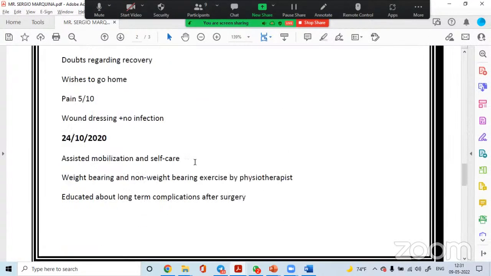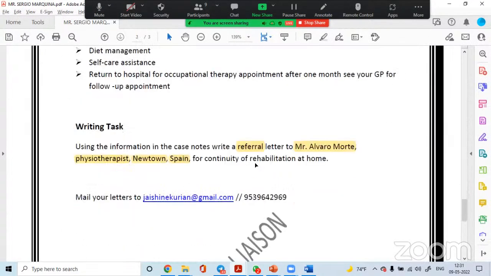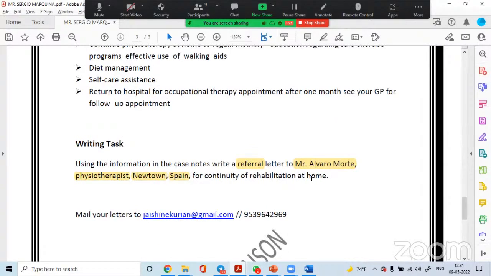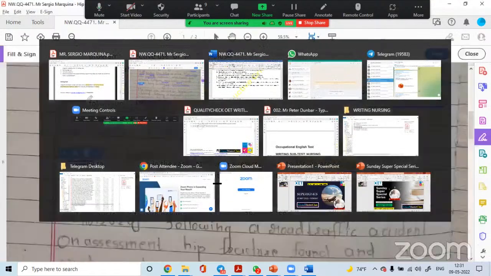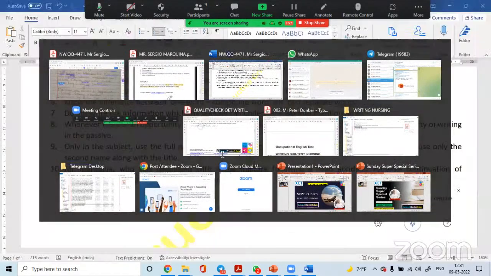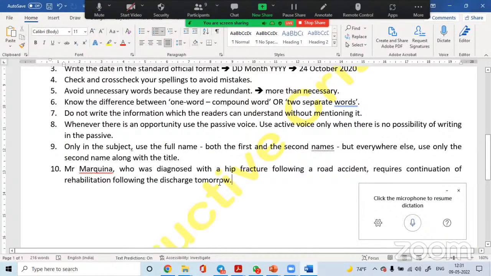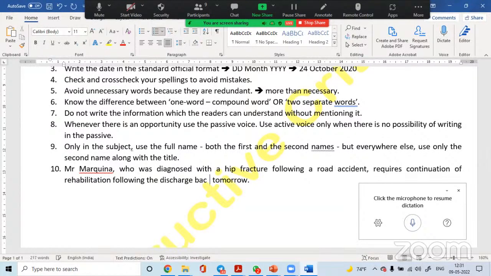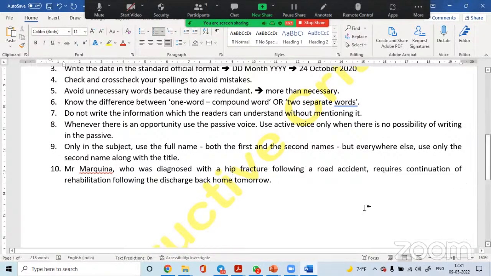Let us see here. So at home, discharge back home. Discharge back, continuation of rehabilitation at home. So you have to mention that also. Discharge back home. Right.